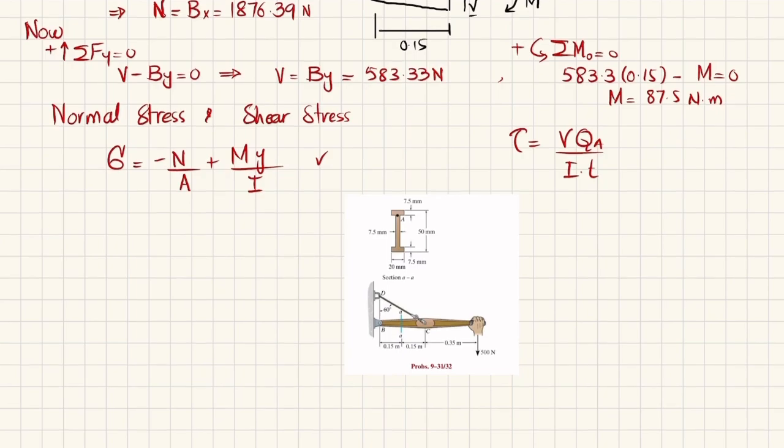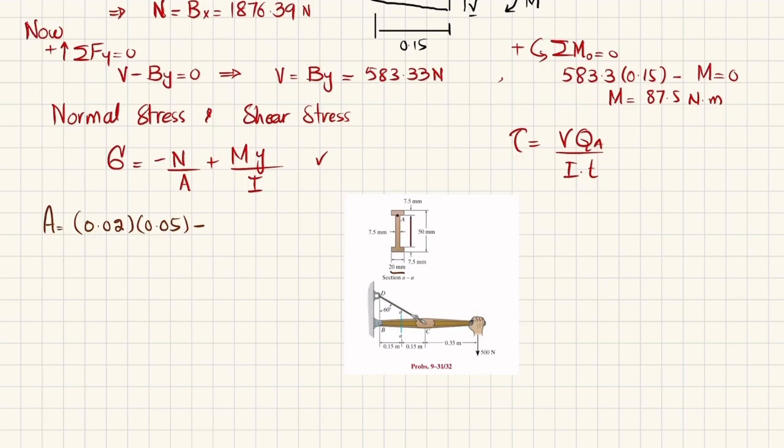If we take the whole as a rectangular box having dimensions 20 by 50, and then subtract these two portions, we will get the area of this I beam. So I will write it. The area will be equal to this width, which is 20 millimeter, so in meter it is 0.02 meter, and the height is 50 millimeters, so 0.05, minus this height.